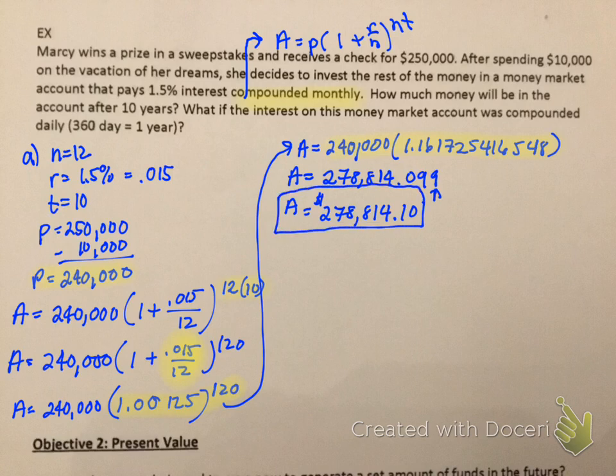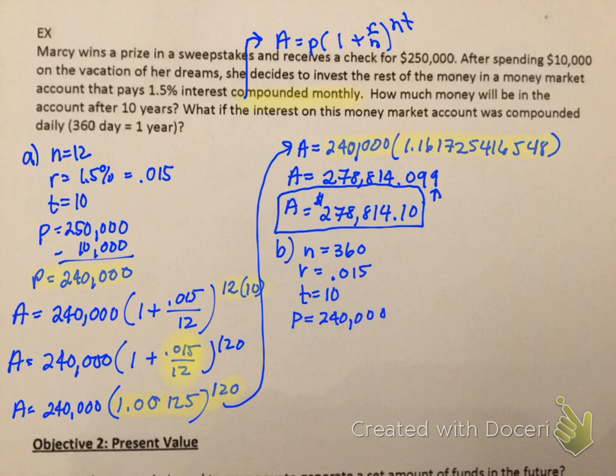Okay, so that was part A. Part B says, hey, what happens when this is compounded daily? So if it's compounded daily, n equals 360, the rate stays the same, which is 0.015 after it's been changed. The time is 10 years. The principal is still 240,000.